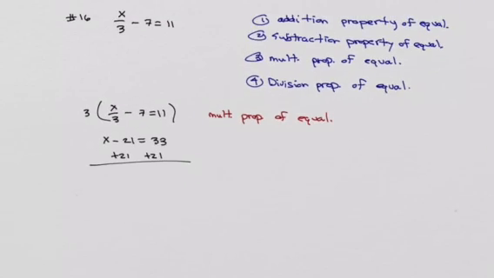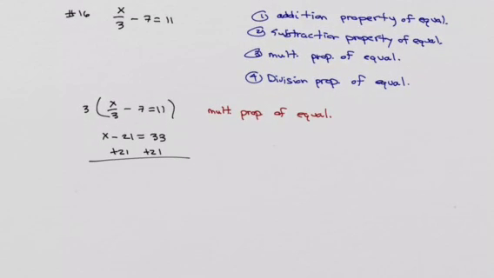Okay, so hopefully you recognize that the property you would use is property number 1, the addition property of equality, right? So we would use the addition property of equality. And that would leave us with x equals 54.